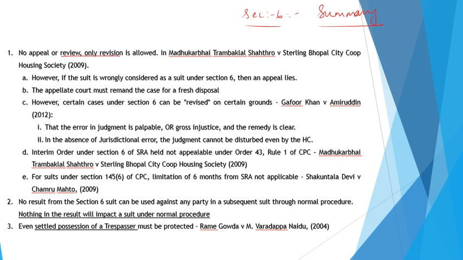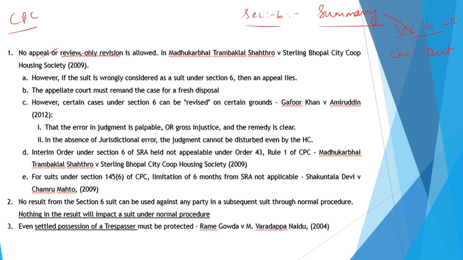So under this, whatever the decision of the court, no appeal or review process will be allowed. You will understand about the appeal process, review process, revision process in your Civil Procedure Code. But since the procedure is not really used, CPC obviously will be used, because you are approaching the civil court. Section 6 of SRA, you will go to a civil court only, no?